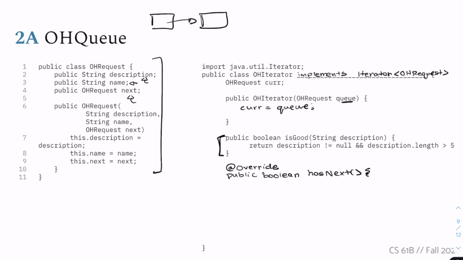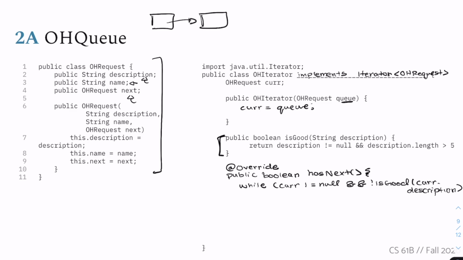And the first thing we're going to make sure is that we have our base case essentially, which is while cur isn't equal to null. So long as we haven't hit the end of our list and we haven't hit a good description, is good cur.description. I never leave myself enough room on these slides.